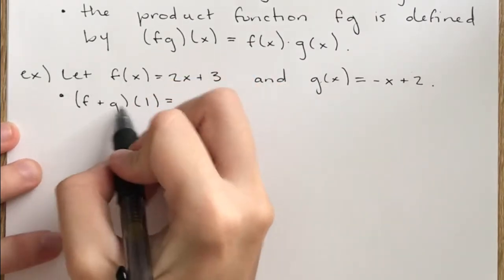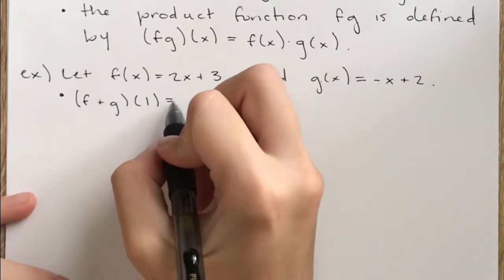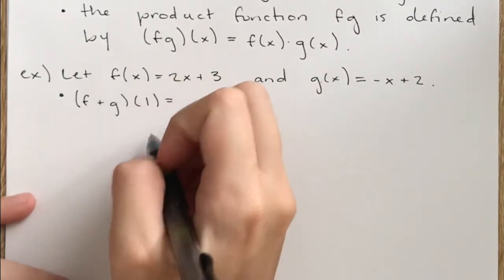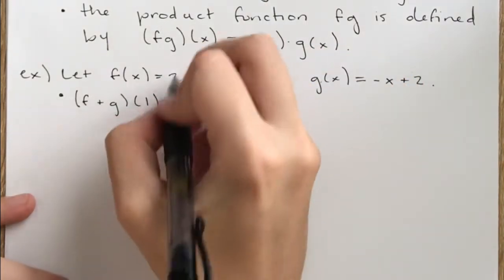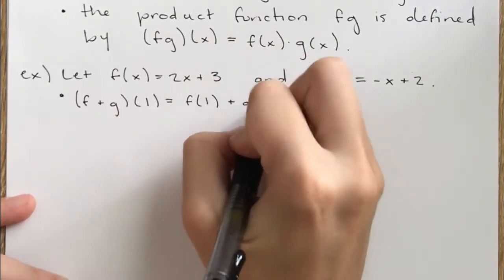We're looking at f plus g evaluated at 1. So we're plugging 1 into that kind of function machine named f plus g. That function machine tells us that we need to add together f of 1 plus g of 1.